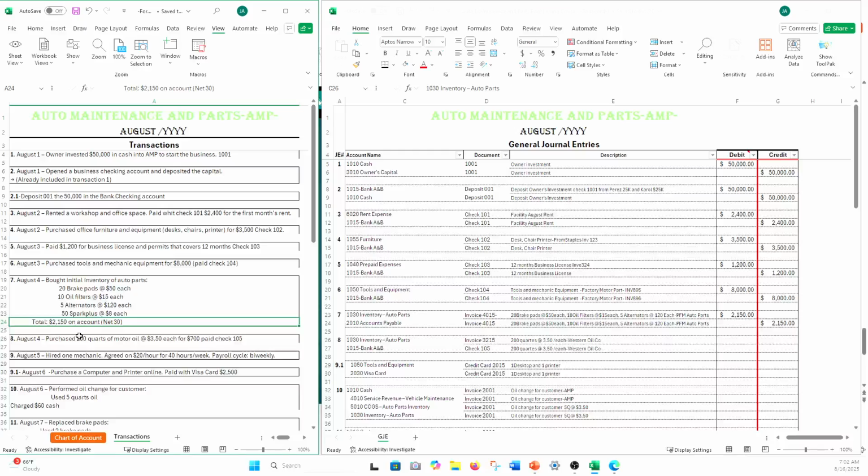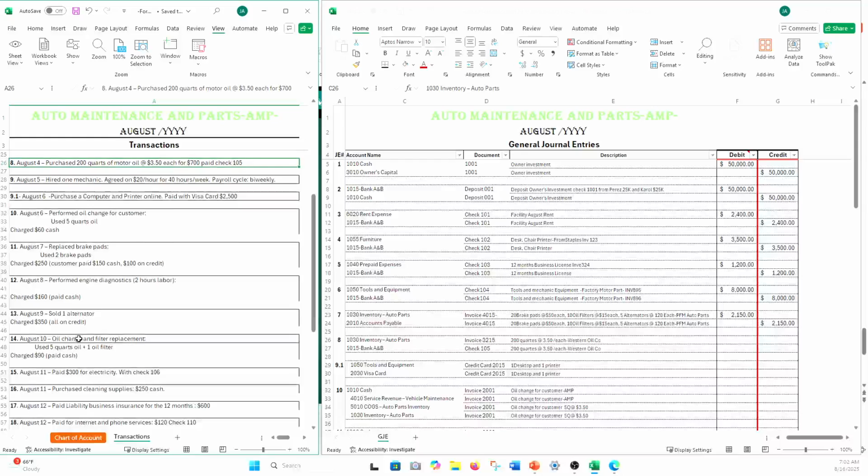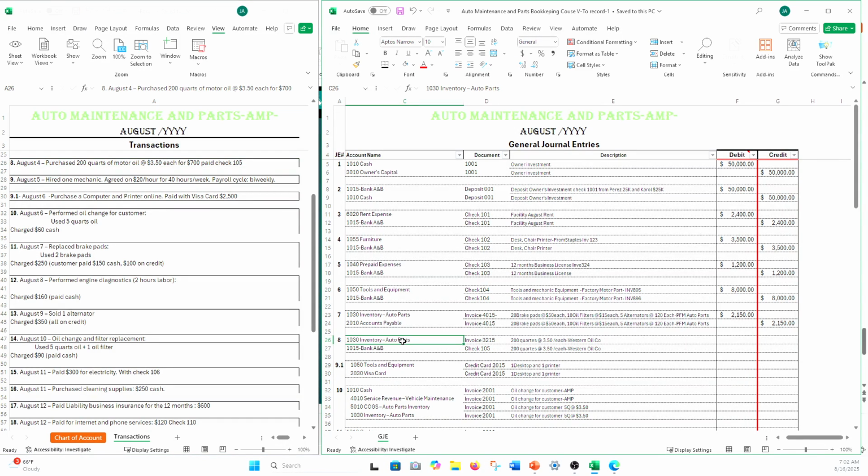Okay, let's go to number 8. I'm going to move this one to the top. Okay, number 8. It says that the company purchased 200 quarts of motor oil at $3.50 each quart. So the total is $700. So this is part of the inventory. We purchase oil to sell that oil.